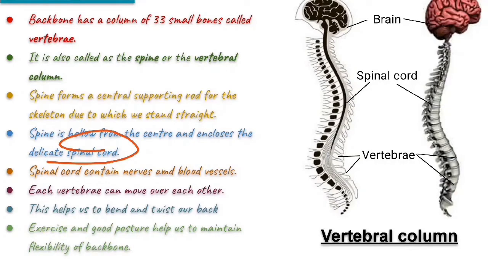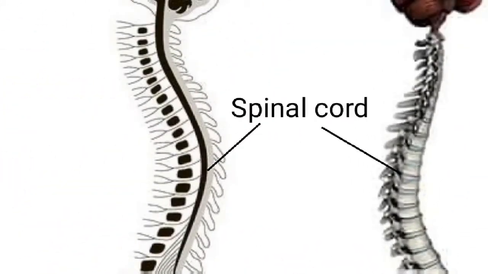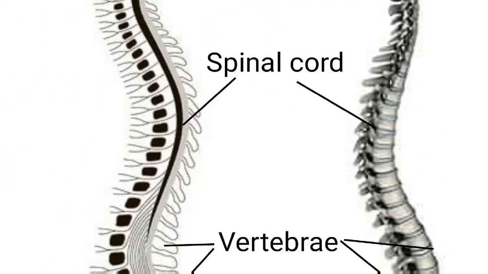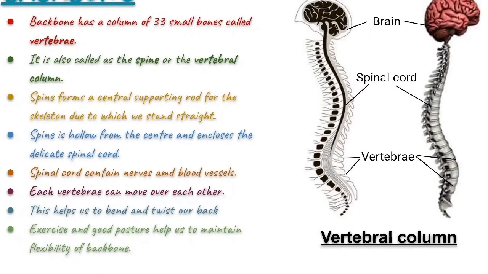You can see here again closely that all the vertebrae are small blocks, and these blocks form a column that is called the vertebral column. Each vertebra can move.